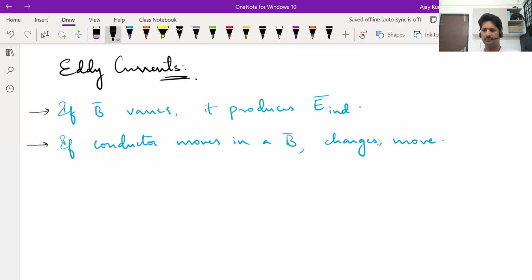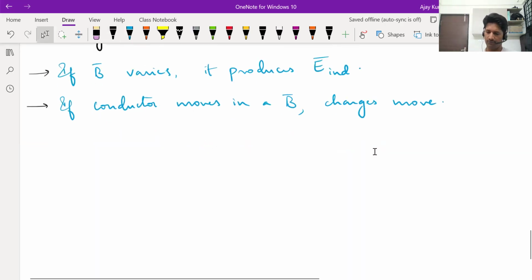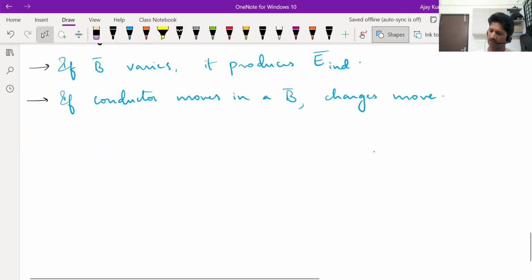Now, till now in this chapter, whenever we discussed motional EMF or induced EMF and current flowing in a circuit, we considered circuits which had a well-defined path for current flow. For example, we had solved a question like this.